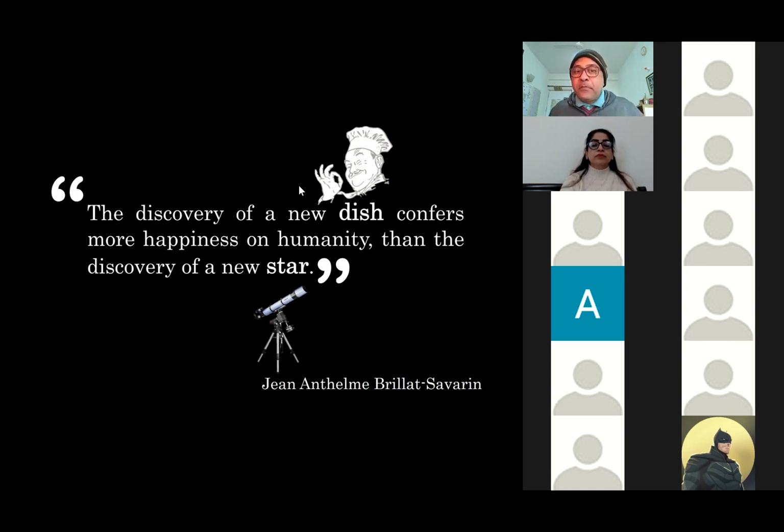For example, by changing our protein consumption from non-vegetarian food to something which is vegetarian, which is plant-derived, can help us a lot in making food sustainable. So these are some of the ways by which we can make food sustainable in times to come.